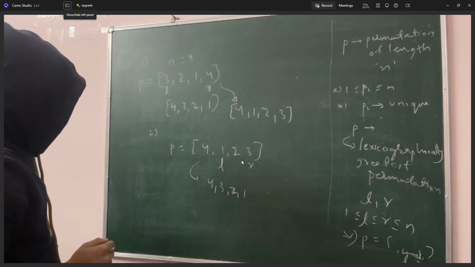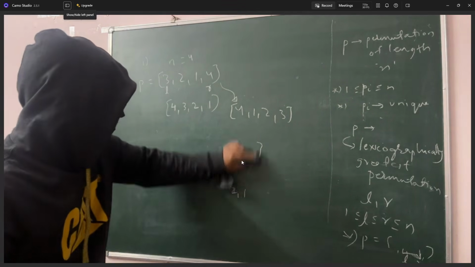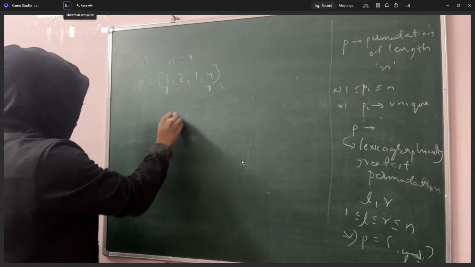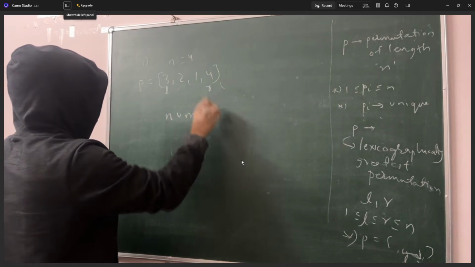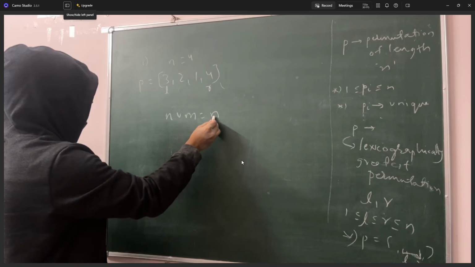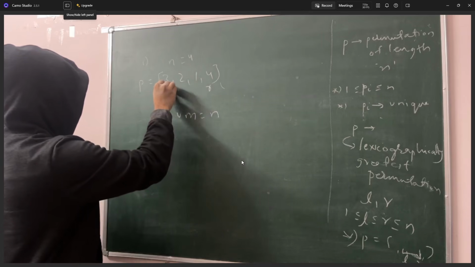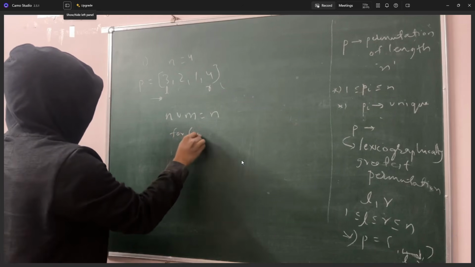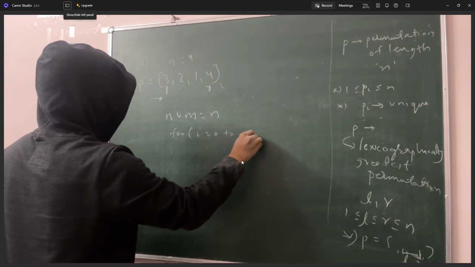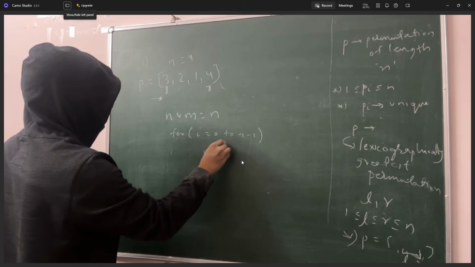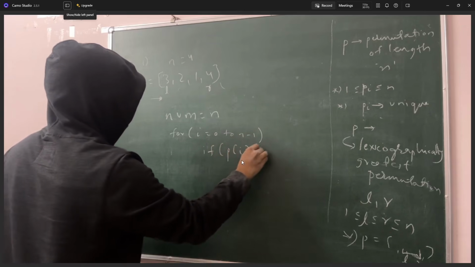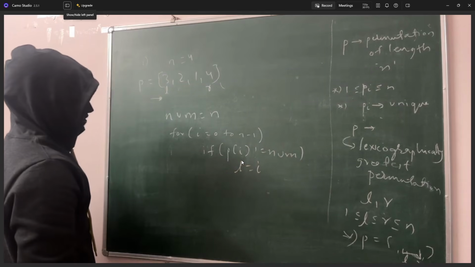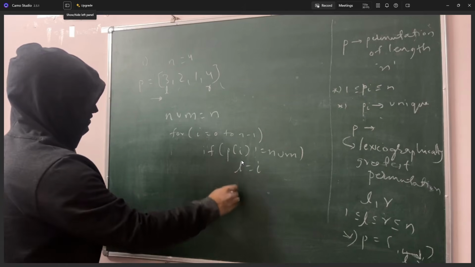So in the code, I'll take one num variable which I'll initialize to n, which is the maximum possible. Now I'll iterate from left to right. I'll check if p of I is not equal to num, which means you have got a left index. Update L with I. Once you have got this, break out of the loop.